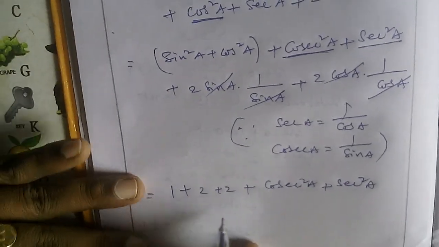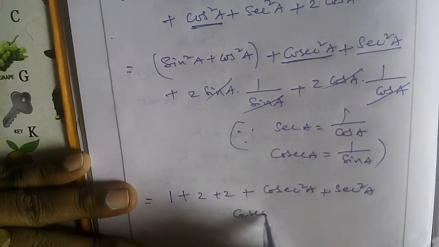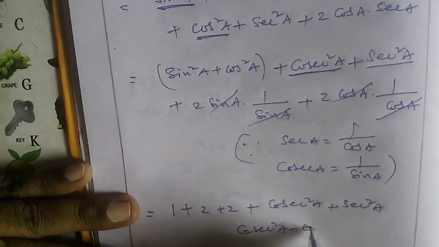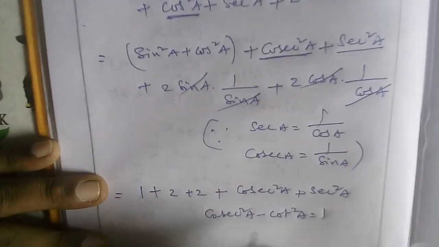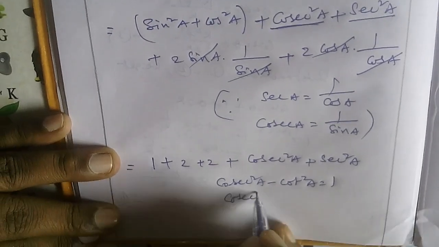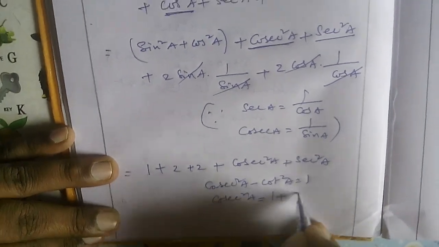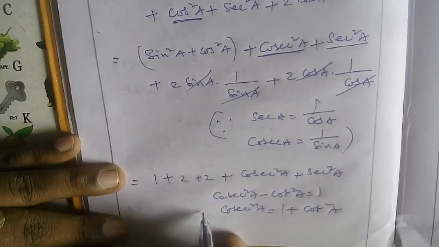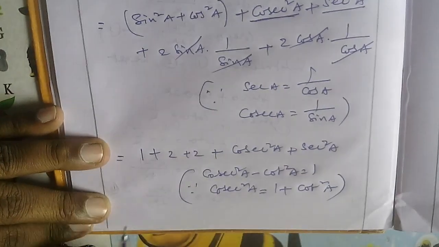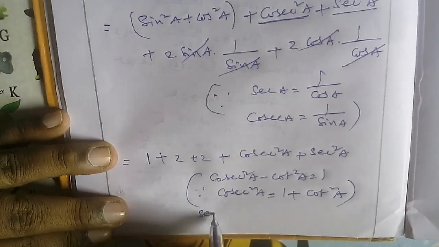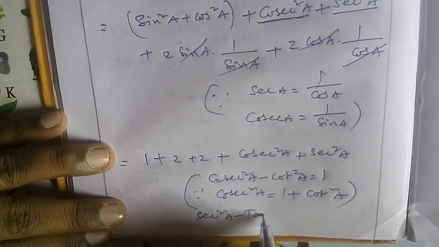We know that cosec square A minus cot square A is equal to 1. So cosec square A is equal to 1 plus cot square A. So I am taking this again, sec square A minus tan square A is equal to 1.